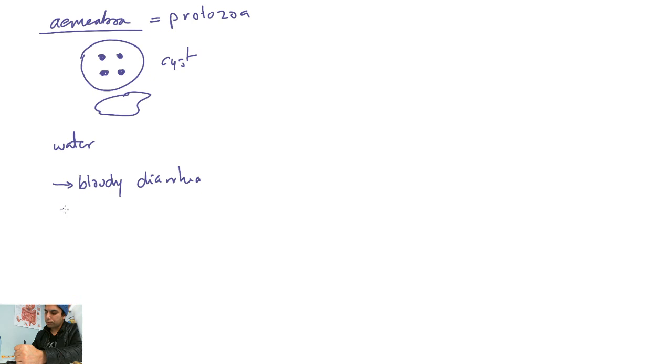In the liver, it will form cysts, so it will cause hepatic cysts or abscesses. The abscess is very painful. It gives right upper quadrant pain and tenderness, fever, and what else? It can give you jaundice, possibly, but not always.